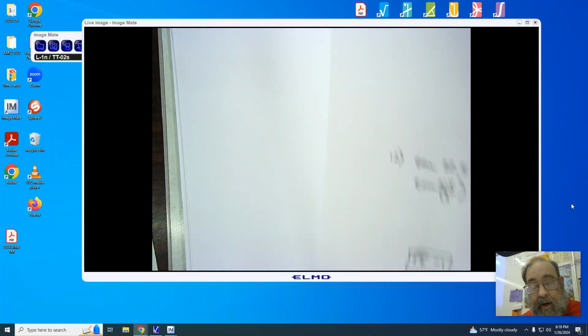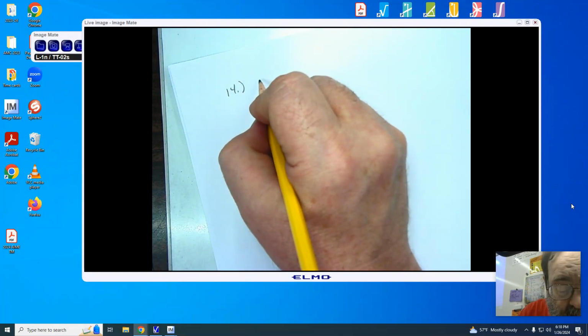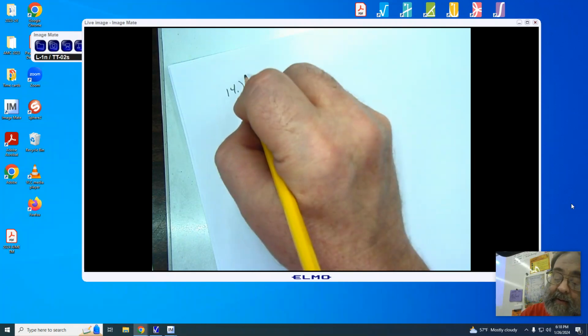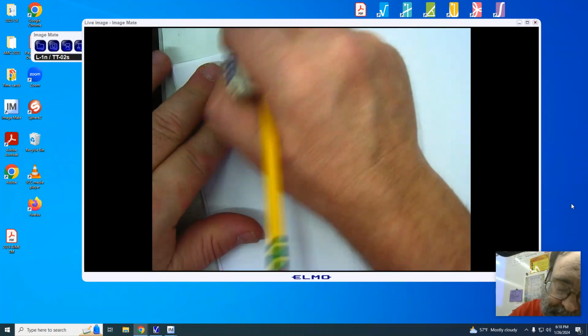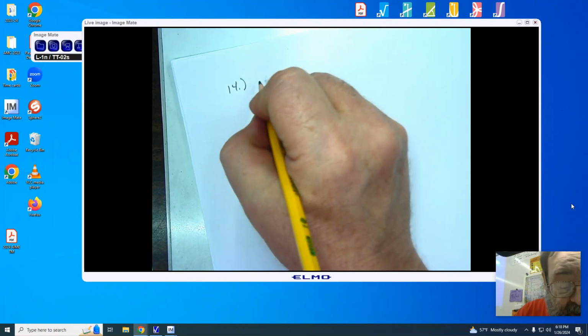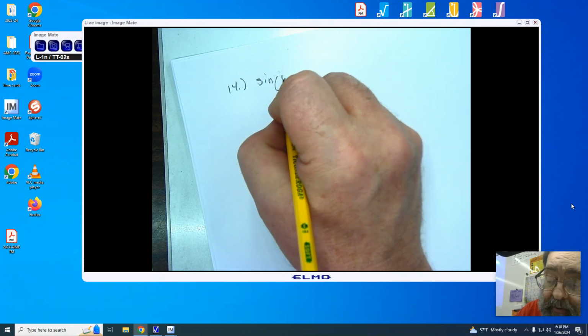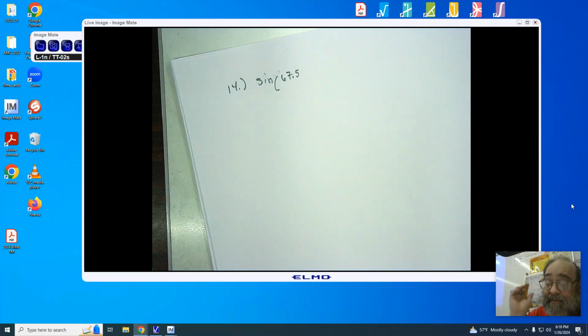Alrighty, let's keep going. We're going to go to number 14. We are looking at our angle, 67.5 degrees. And they've told me that this is my sine function. So I have the sine of 67.5, and I'm going to double it to find out what it is.